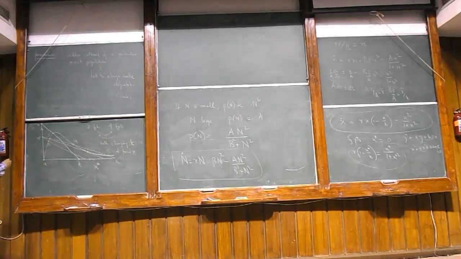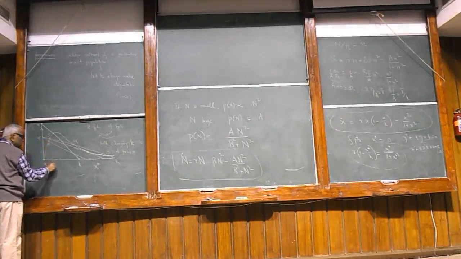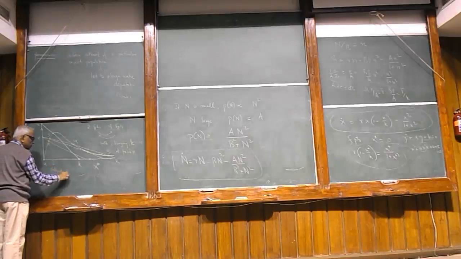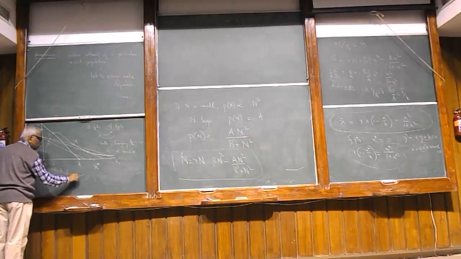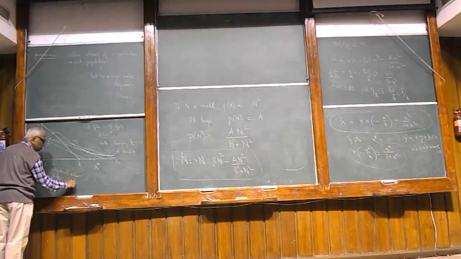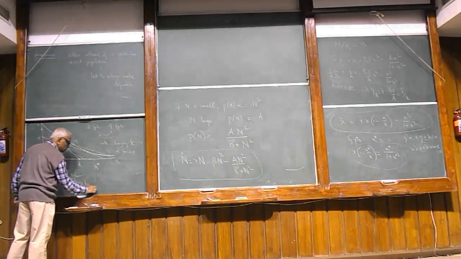So this stable fixed point is the subcritical value so far as destroying trees is concerned.